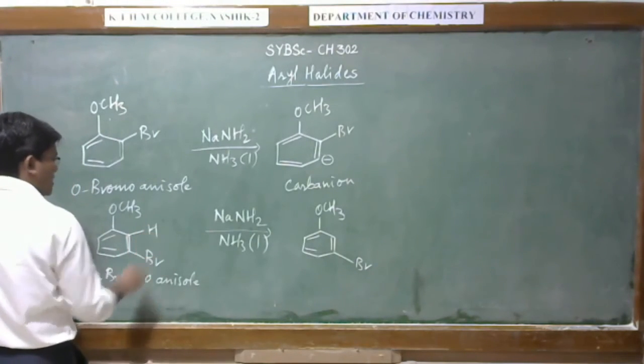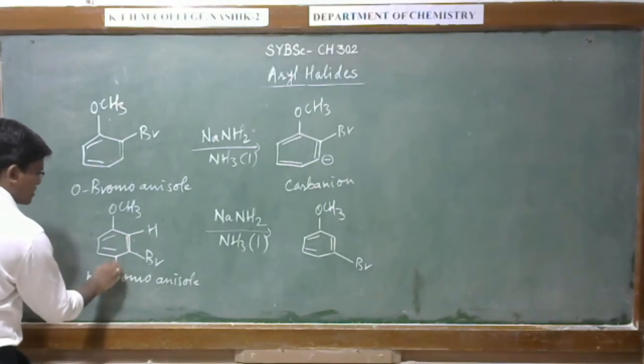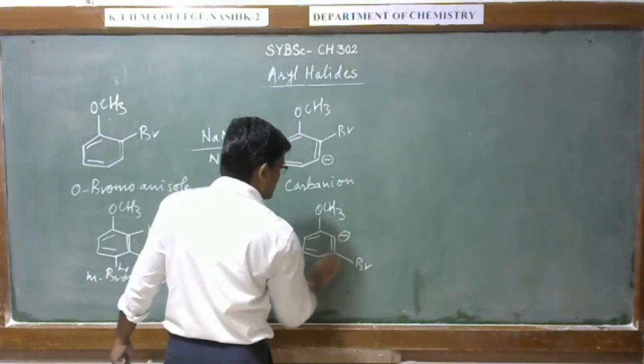So this amide ion can abstract either this proton or this proton. So here we can get two carbanions.